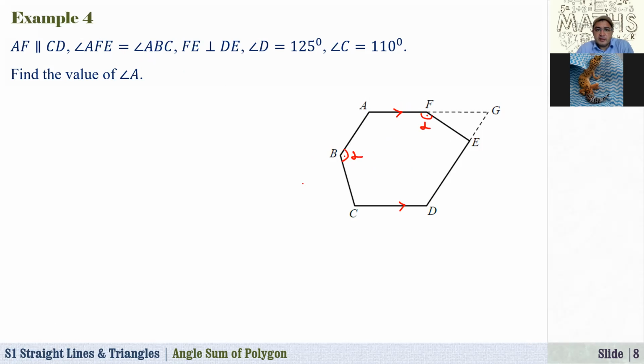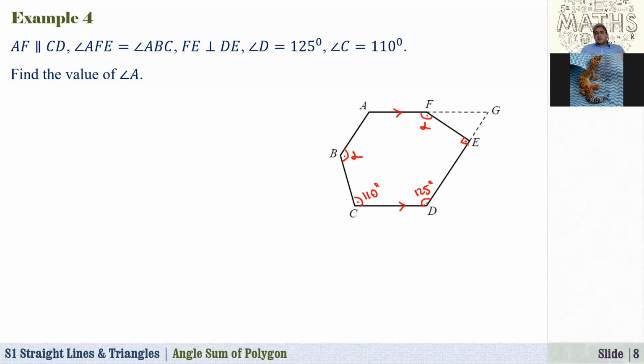They are equal. And FE is perpendicular to DE, which means this angle is 90 degrees, right? And angle D equals 125. So this angle is 125 degrees. Angle C is 110 degrees. Find the value of A.